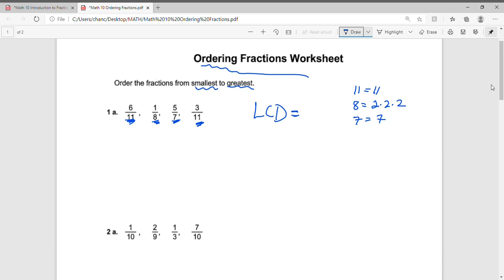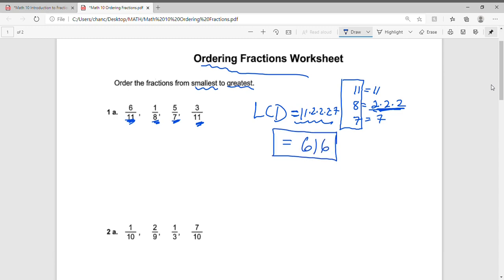To find the LCD, I want a number that divides into 11, 8, and 7. In order to be divisible by 11, I need an 11. In order to be divisible by 8, I need a 2, 2, 2. In order to be divisible by 7, I need a 7. So all of this multiplied together will get my LCD. And the LCD is 616, a really huge number.